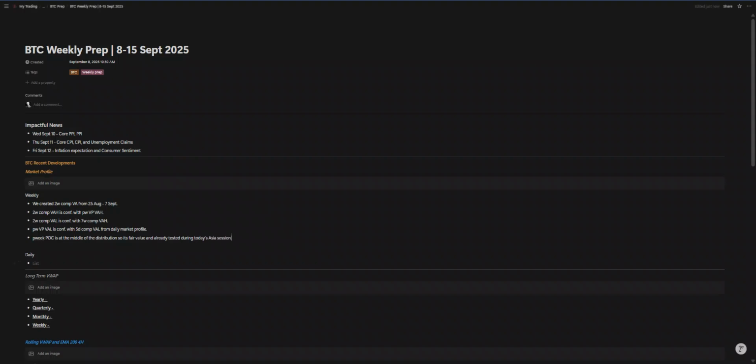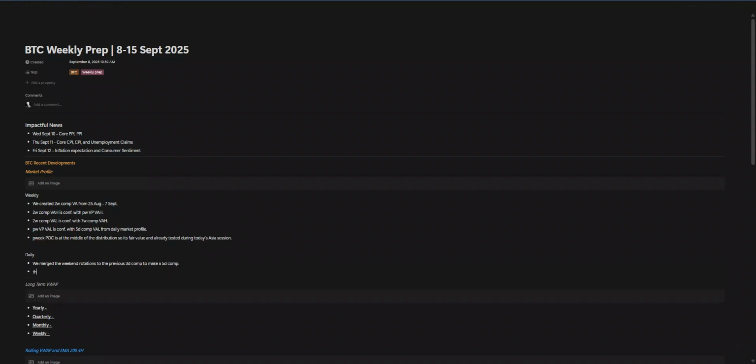Okay, on the daily, the 5-day composite value high is confluence.